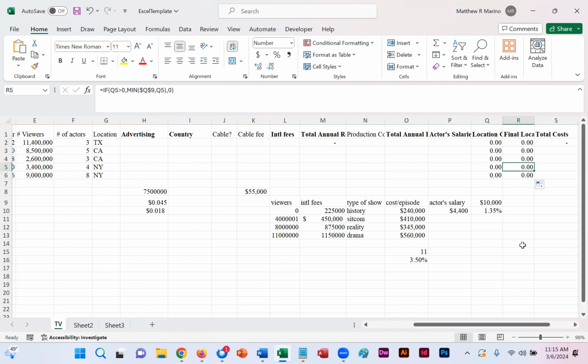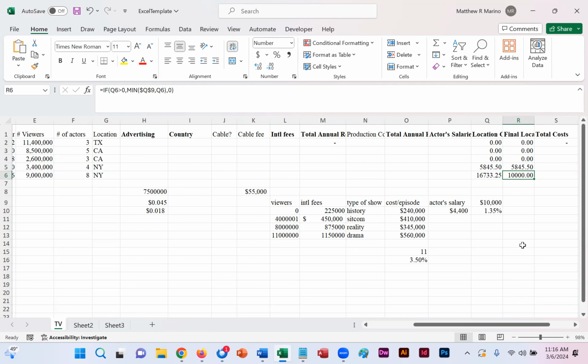So if you did both of these correctly, you should have those as your answers. $5,845.50 for the second to last one for both of them.